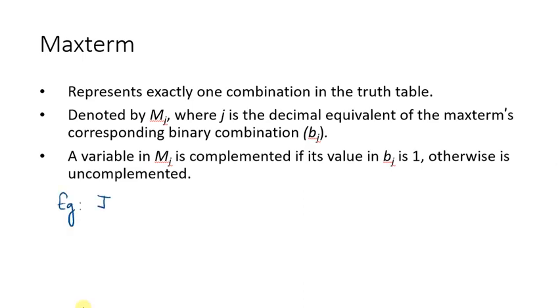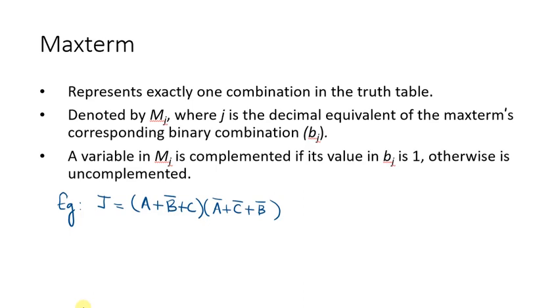As an example, let me consider J is equal to a plus b bar plus c multiplied with a bar plus c bar plus b bar. So we have 0 corresponding to the uncomplemented term and 1 corresponding to the complemented term.